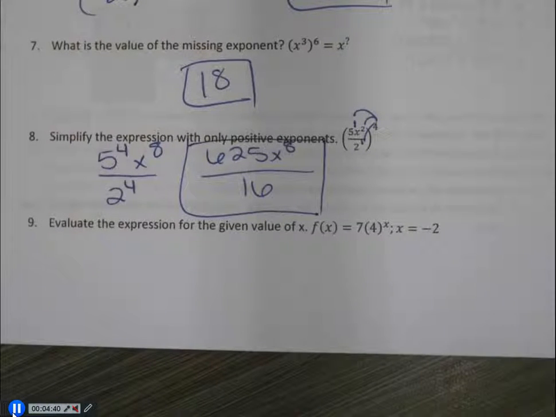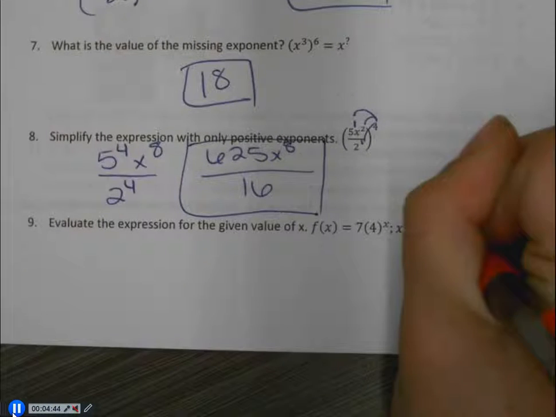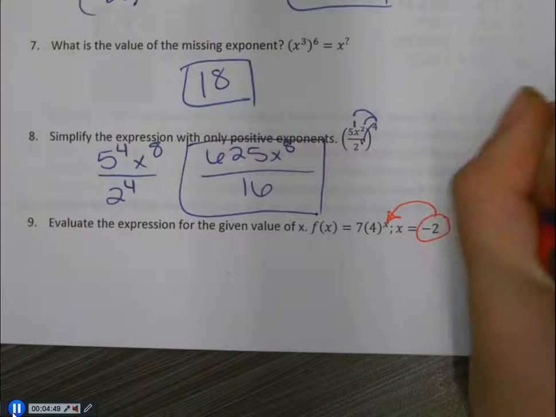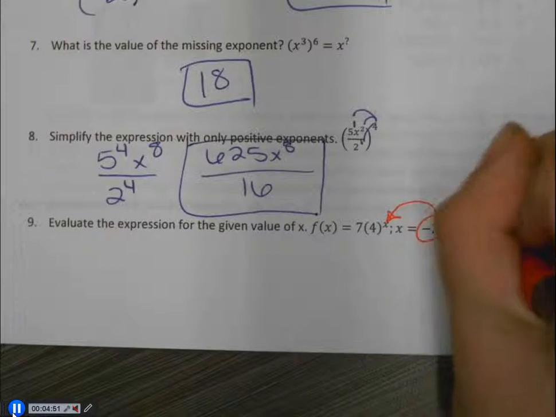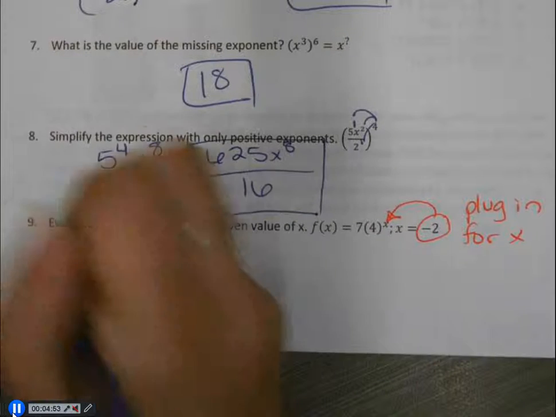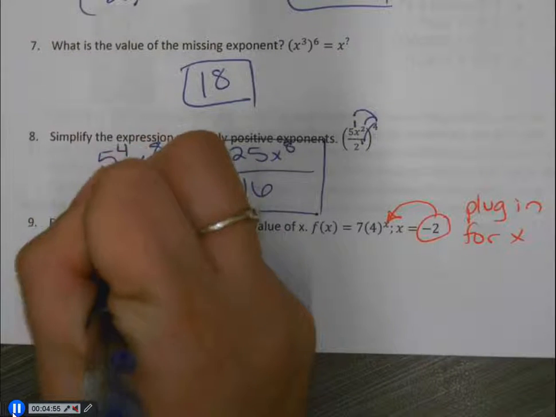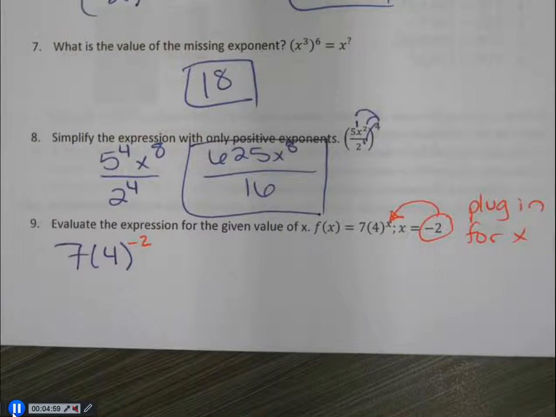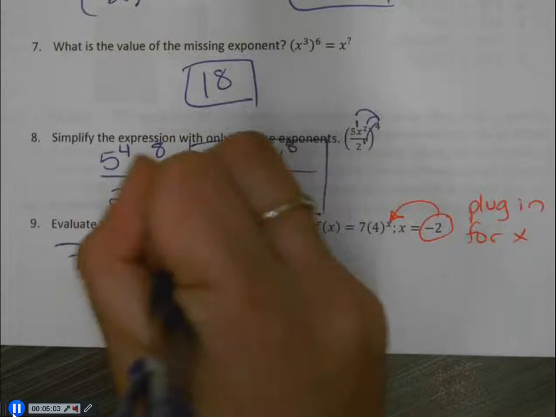Okay. Number 9 wants me to evaluate the expression for x equals negative 2. So what I'm going to do is I'm going to take this and plug in for x. Remember, negative exponents turn into fractions.